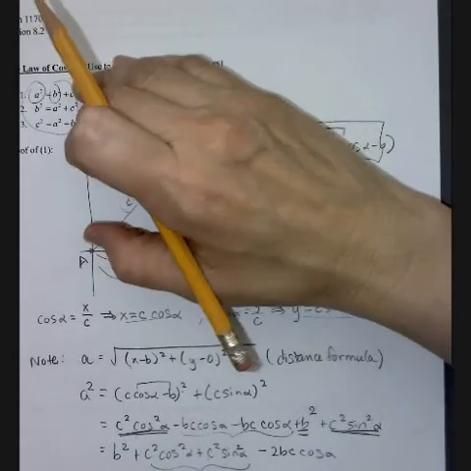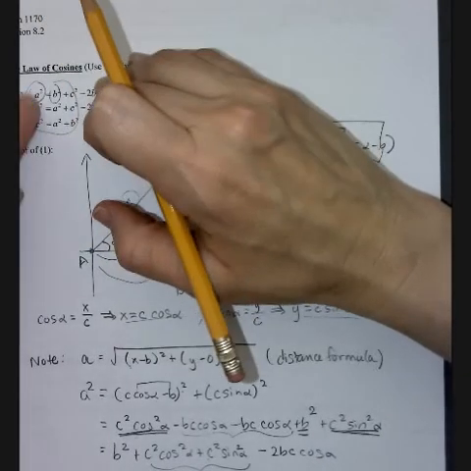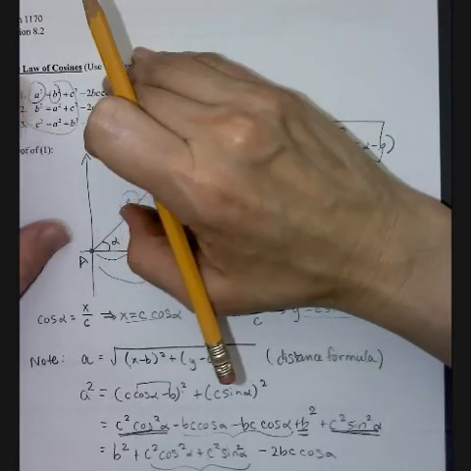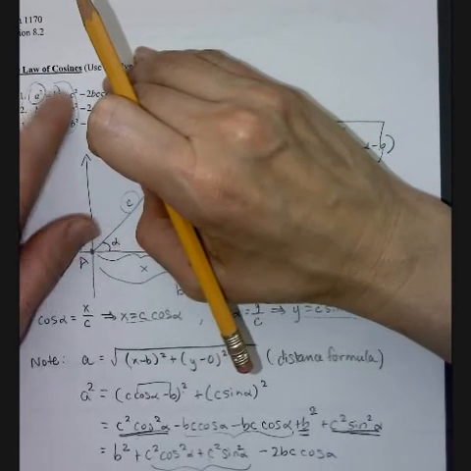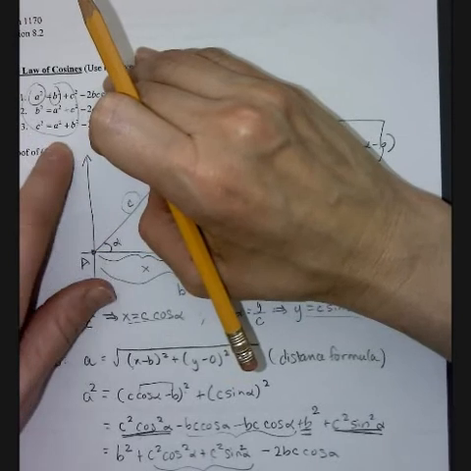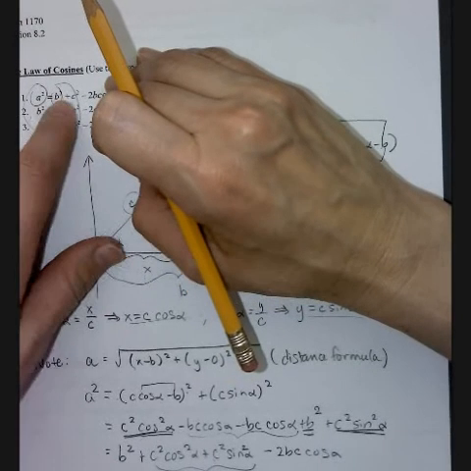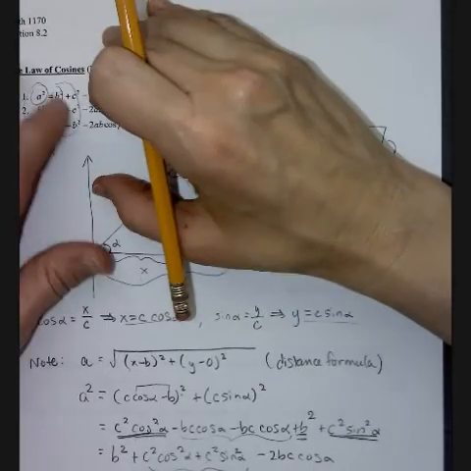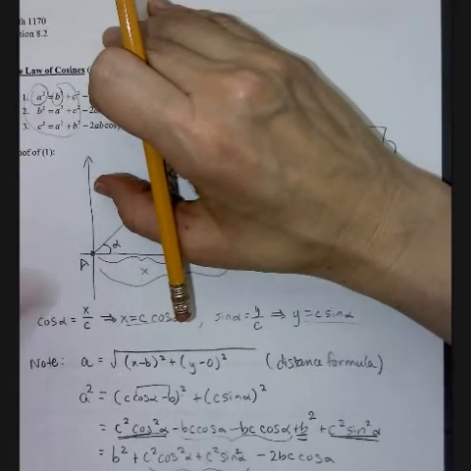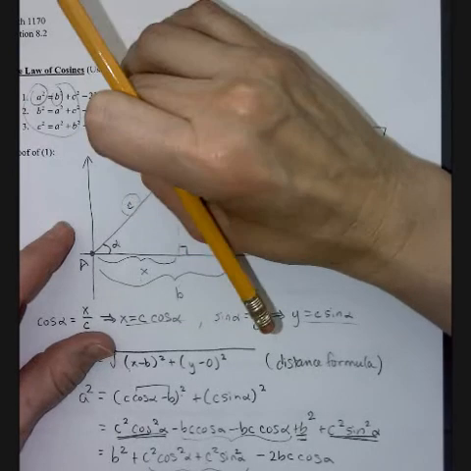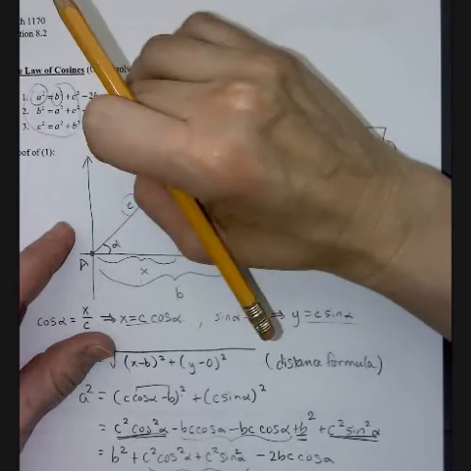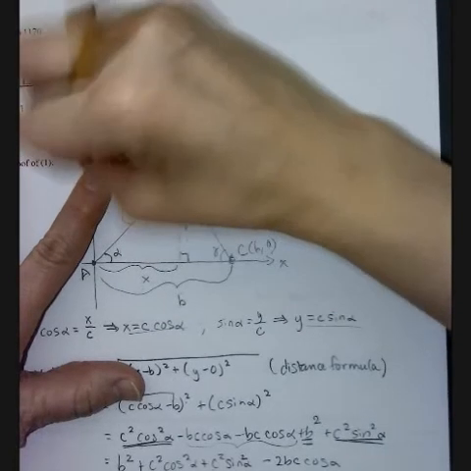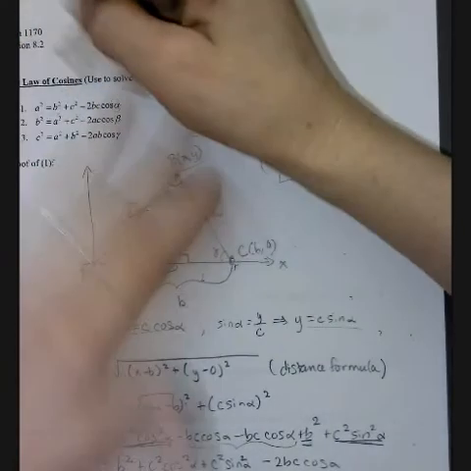And then this side is the side opposite the 90-degree angle, so these would be the hypotenuse, these would be the legs. You're used to seeing it like this, but these are just relabeled different letters, right? So these would be the hypotenuse, these would be the legs of the triangle, and then these are 90 degrees. So my point is, the law of cosines is really just a broader version of the Pythagorean theorem.